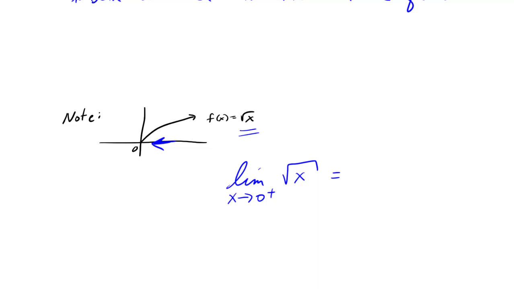It appears that as you approach from the right of 0, the function also heads to 0, so we can say the limit as x approaches 0 from the right of square root of x is 0. But there's no way for us to say anything about the other side because there's no function there. So that can happen. You can only have one side, and that's not really a problem. That's just how we deal with it.